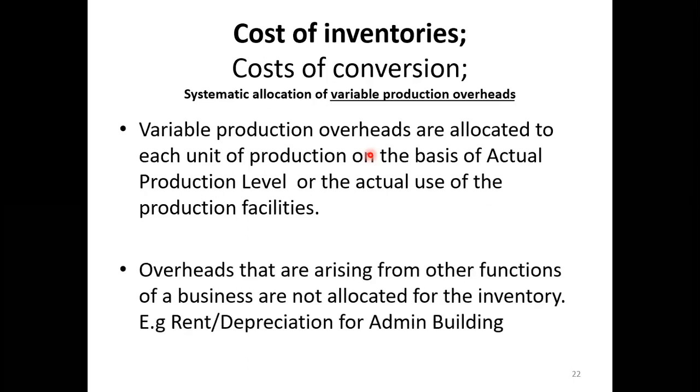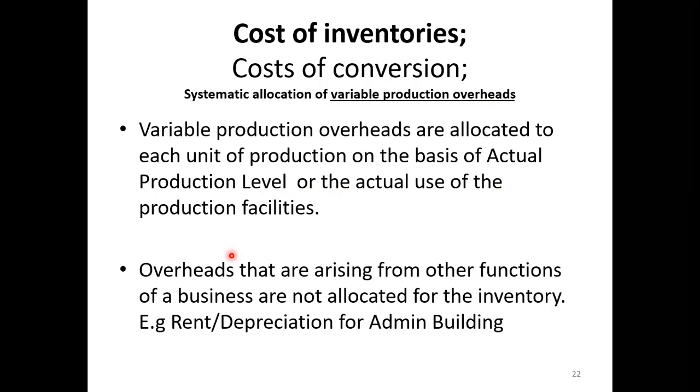Right. Variable production overhead cost. Variable production overheads are allocated to each unit of production on the basis of the actual level of production, or actual use of the production facilities.